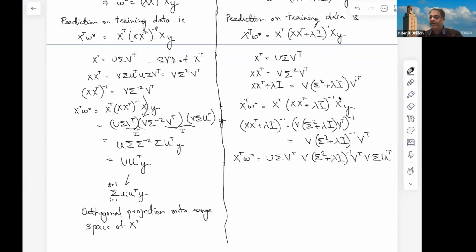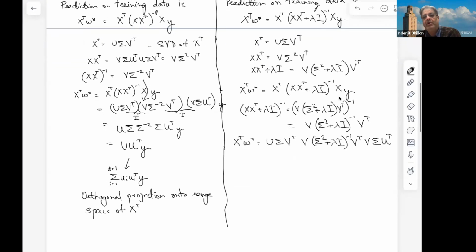Bear with me, because at the end we will see quite a beautiful explanation of what ridge regularization is doing, but we have to go through the algebra.